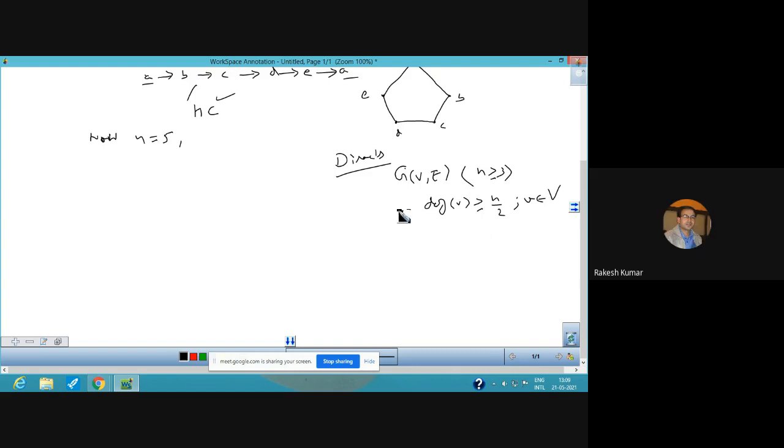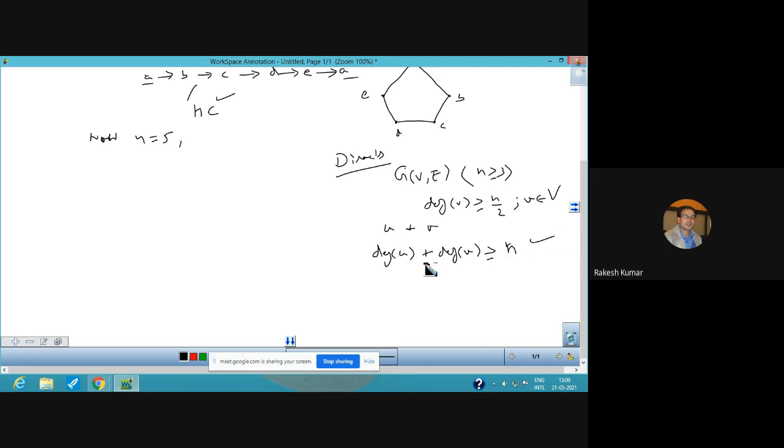And if u and v are non-adjacent vertices, then by the given hypothesis, the degree of u plus the degree of v should be greater than or equal to n.